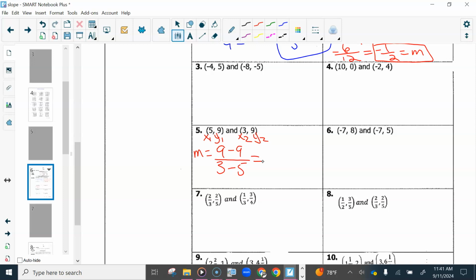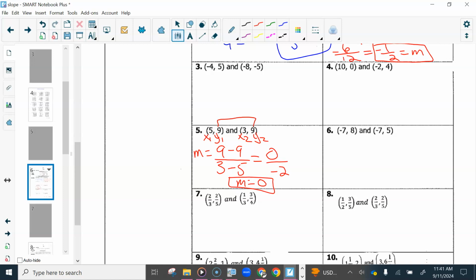What's going to happen then? We're going to get a 0. And 0 divided by anything is 0. So if you get a problem where your y values are the same, that's going to be some horizontal line where your slope is 0.